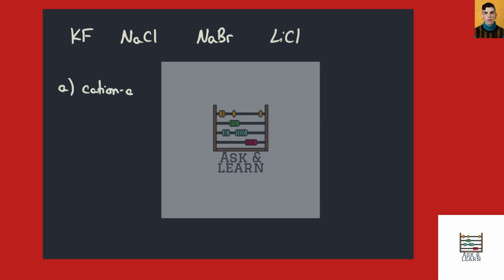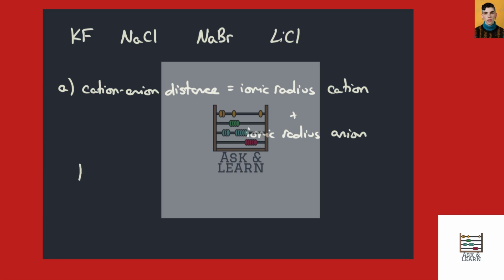So the cation-anion distance is equal to the ionic radius for the cation plus the ionic radius for the anion.